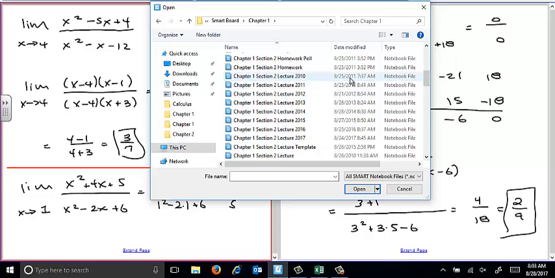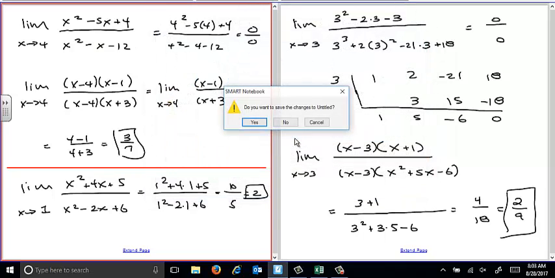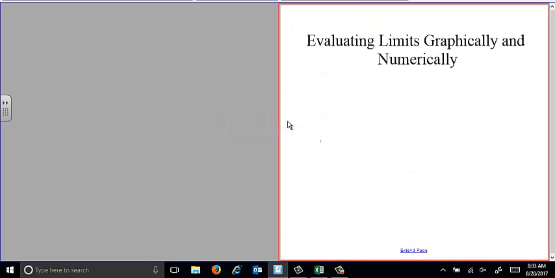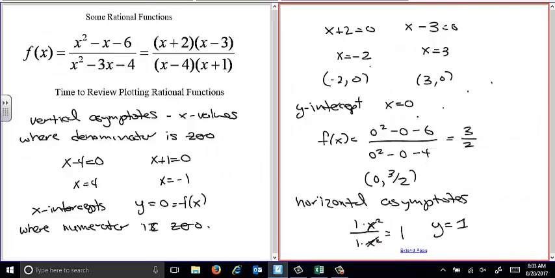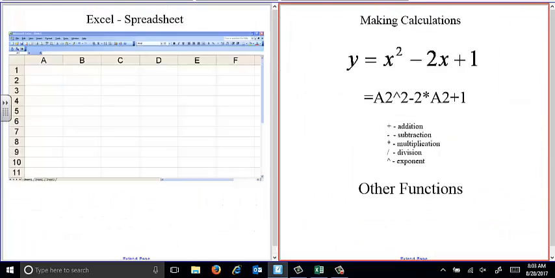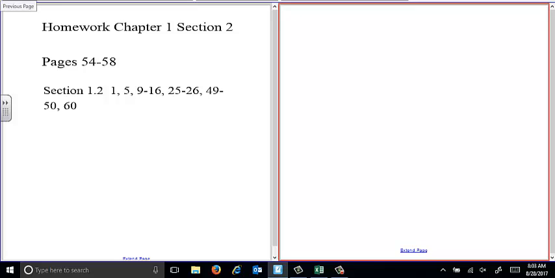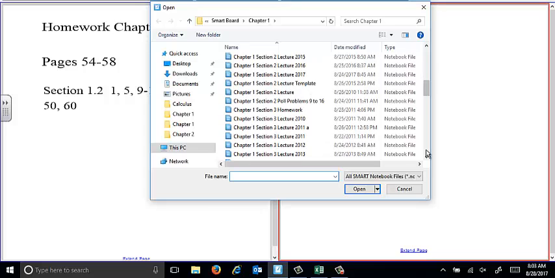The date that I save them gives me an idea of how I'm going relative to previous years. So anyway, we're pretty much on target. It's early in the semester, but okay. Oh, wrong section. Chapter 3, section 3, there we go.